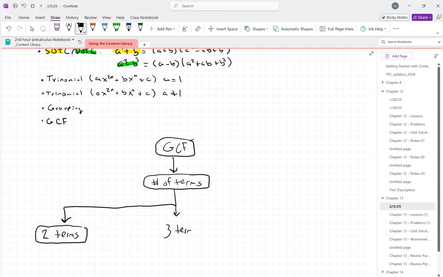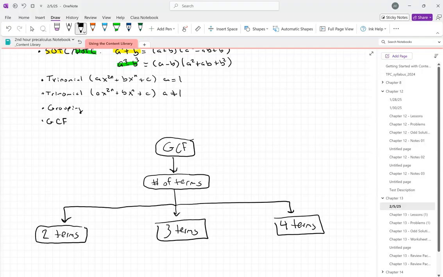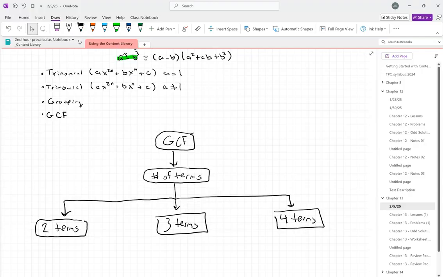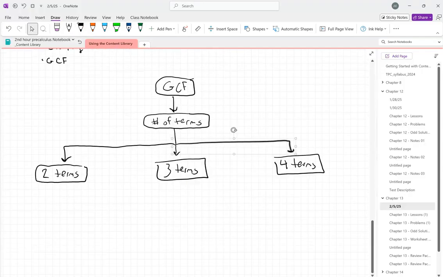And then from there, after I've factored out my greatest common factor, if there is one, what I do next is dependent on the number of terms in my polynomial, whether it's binomial, trinomial, or quadnomial. I don't know if there's a nice term for a four term.